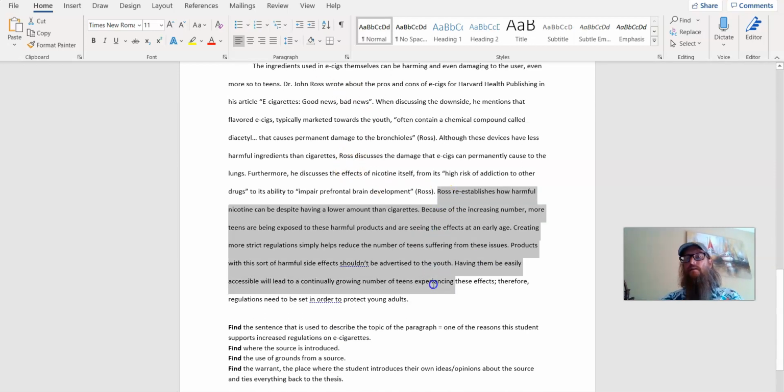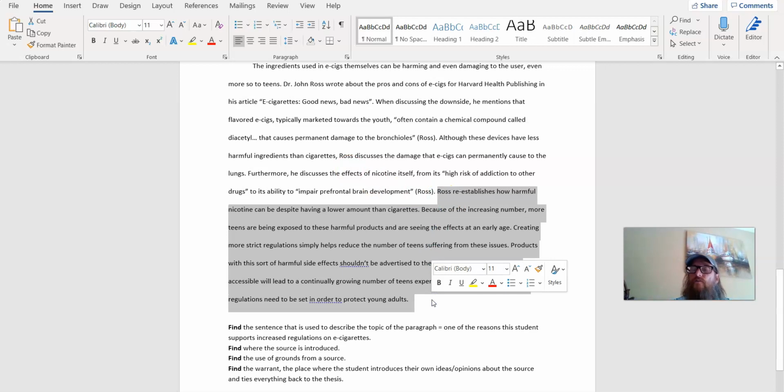Do you see? Your paragraph should look like this, right? You should have a nice balance of ideas from the source with appropriate in-text citation, balance of that with your own creative, persuasive use of those facts, of those grounds. That's the warrant.